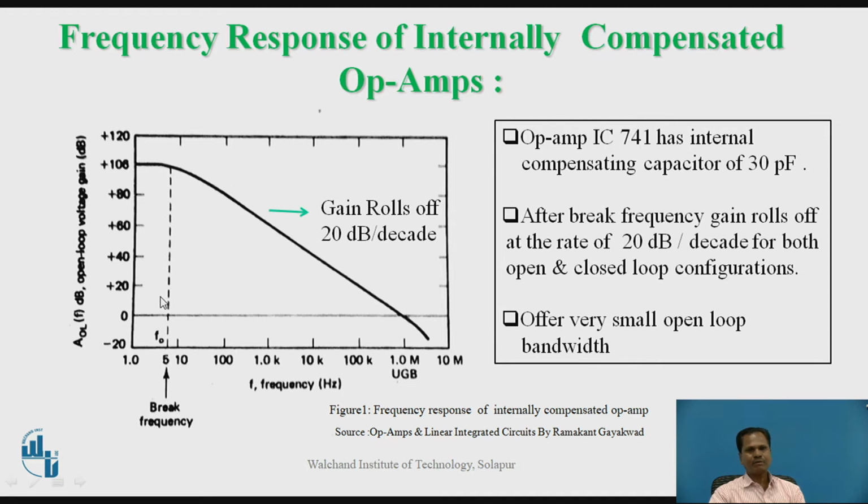From frequency 0 Hz to a break frequency, the open loop gain of operational amplifier remains approximately constant up to a break frequency. So this frequency response plot provides the open loop bandwidth of operational amplifier. So that is the frequency range, extending from 0 Hz to a break frequency FO.